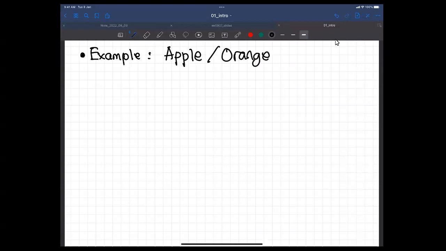So your task is to create a machine learning algorithm differentiating apples from oranges and oranges from apples. So your input is an image of an apple and an image of an orange. So the first step that you need to do is what? If you receive images of apples and oranges.